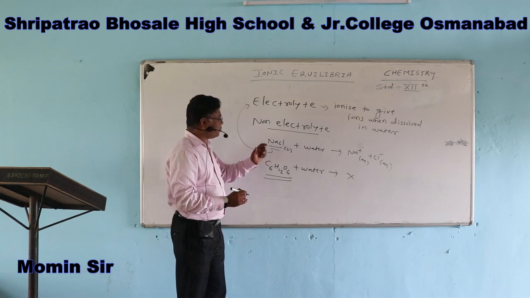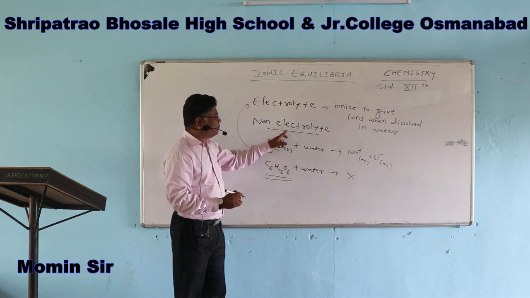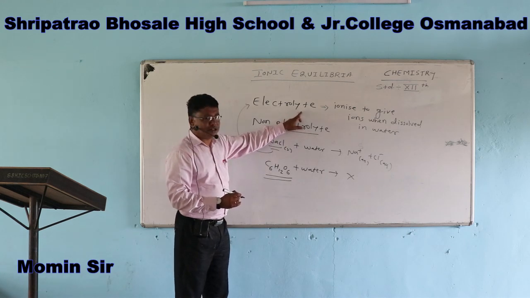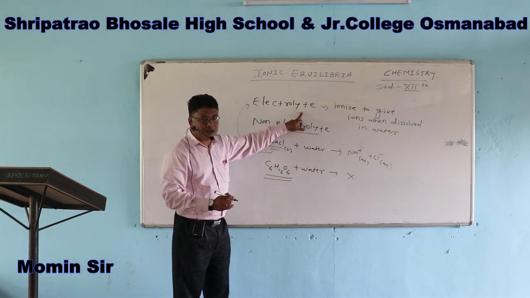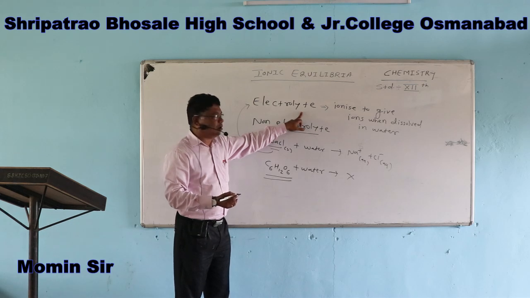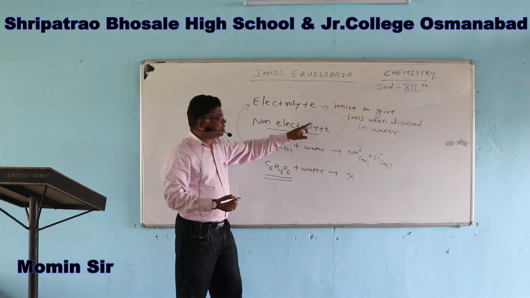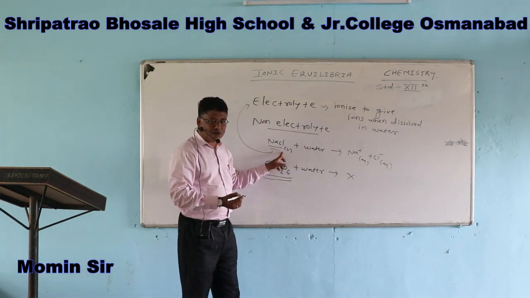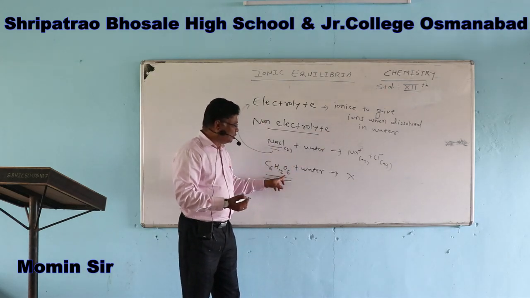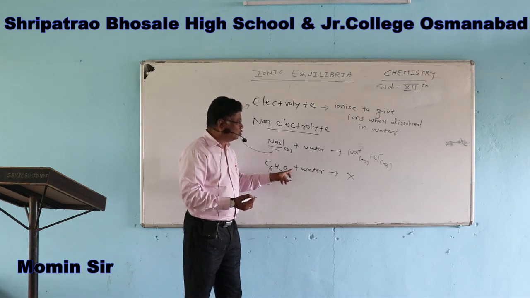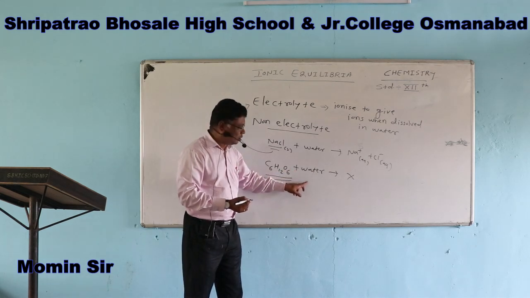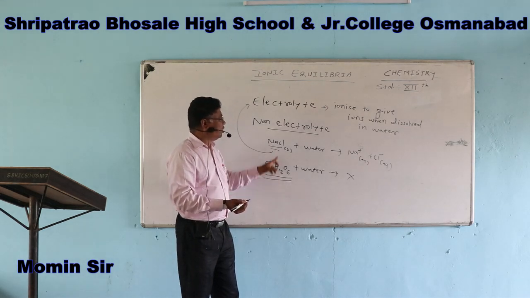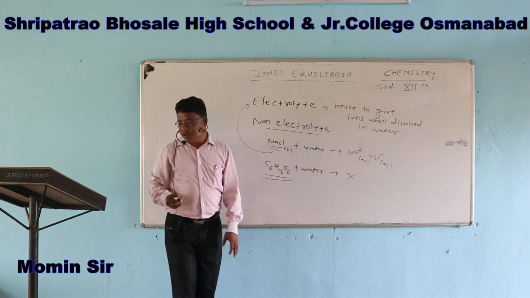That's why glucose is the example of non-electrolyte and NaCl is the example of electrolyte. So I think you understood what is called electrolyte. Substance which ionize to give ions when dissolved in water is called electrolyte. And substance which do not ionize to give ions when dissolved in water, that means it remains in molecular state, is called non-electrolyte.